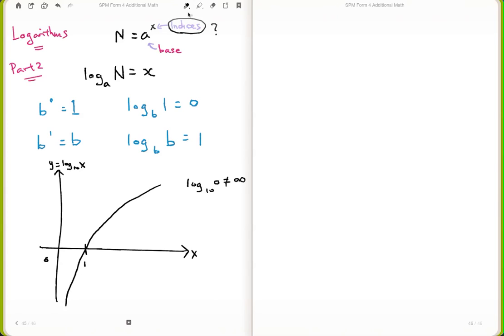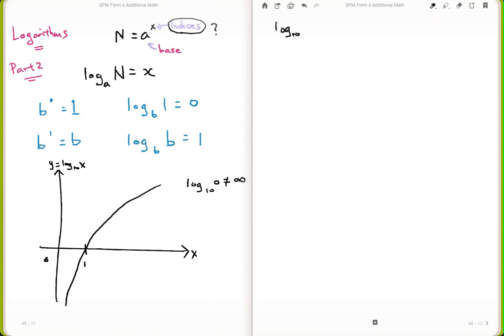I emphasized that earlier. I'll give you an example to make use of log. You should be able to use the table. Henry Briggs developed a table. If you don't have the table, you may make use of the scientific calculator. Basically, log base 10 is a common logarithm.